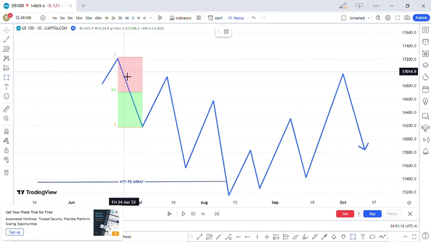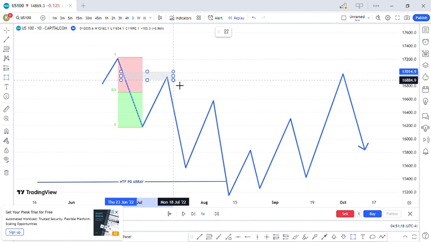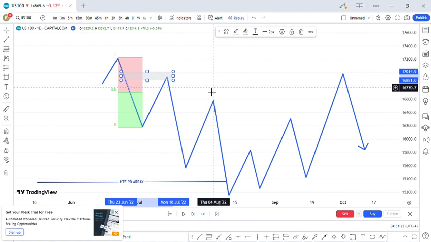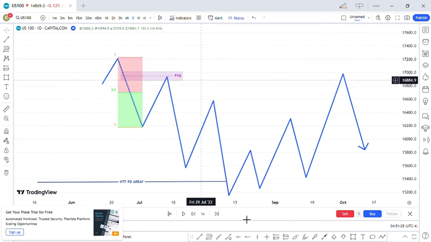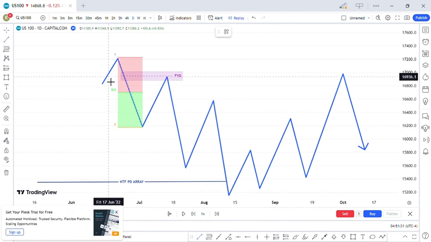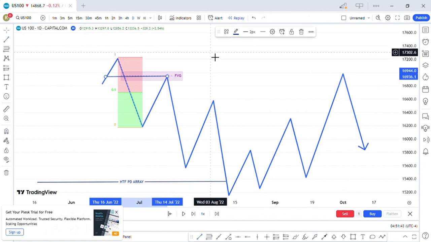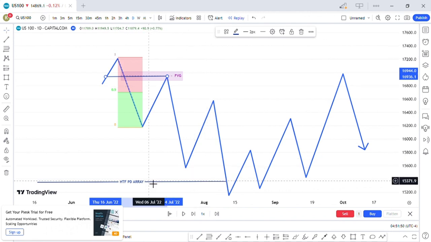A PD array can be in the form of a fair value gap, where you sell at the fair value gap, or a breaker block, or an order block. You sell at the order block and you target the higher time frame PD array.